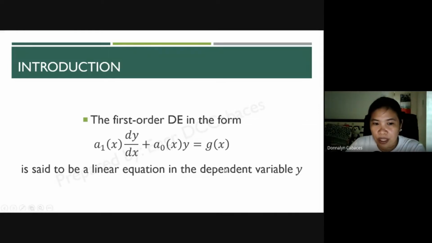If you will be checking all the three requirements, then this differential equation satisfies all those requirements, and therefore this is linear in the dependent variable y. So the coefficient is just a function of x. Even though there would be transcendental functions, it will only be a function of x and not of the dependent variable y.